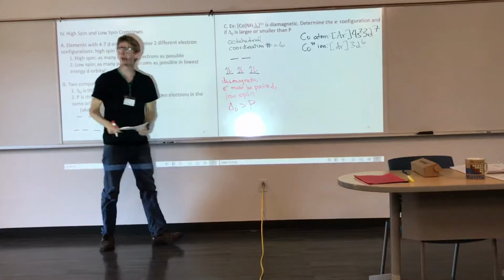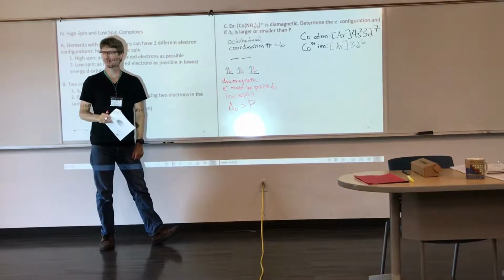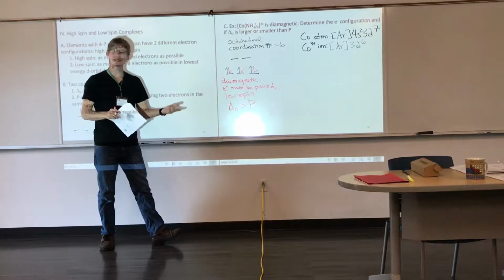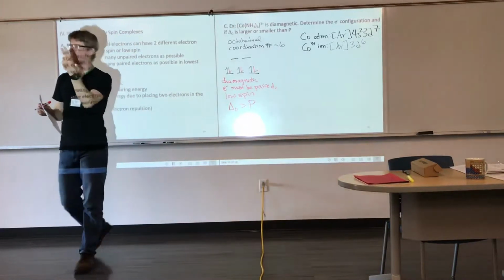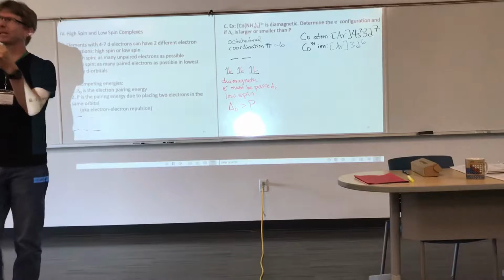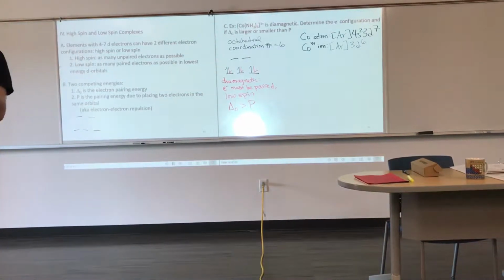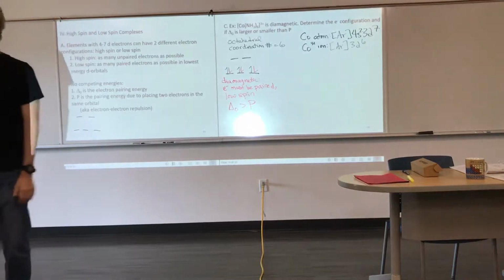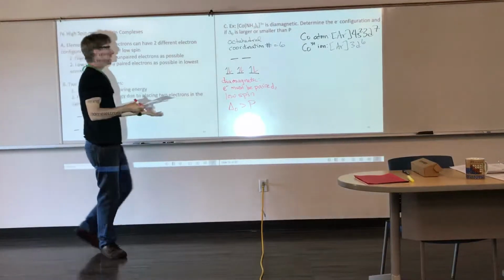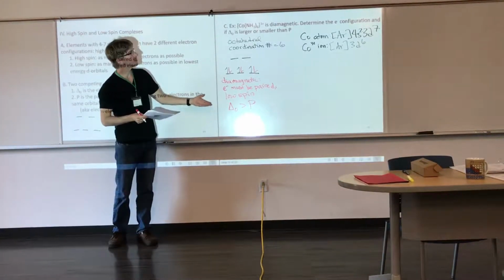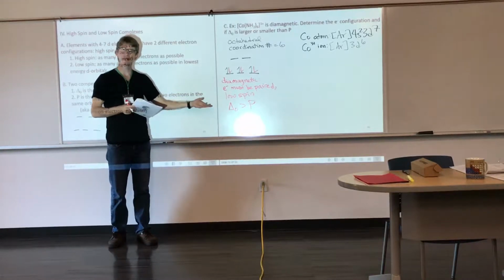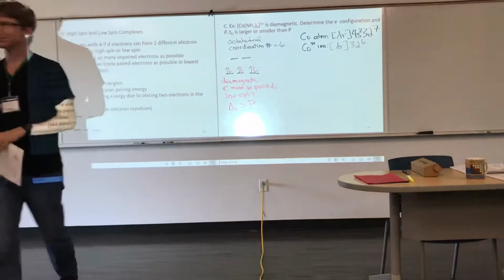Delta O is larger than P. The electrons pair because the energy for pairing is lower than the energy for going up to the higher orbitals. All right, I think I've answered the whole question. If I don't hear any questions for me.